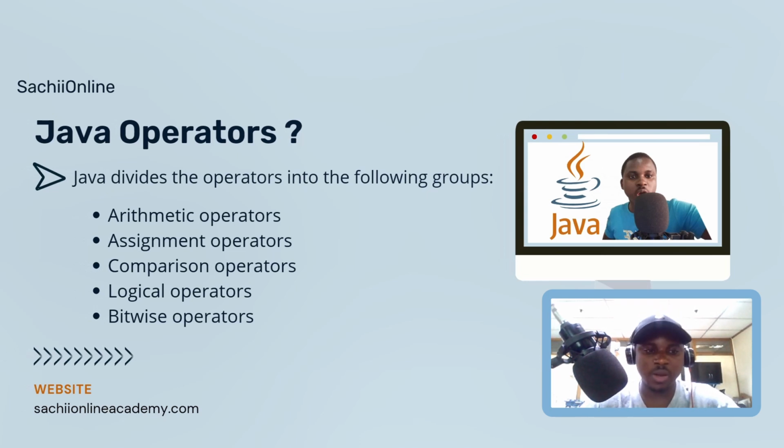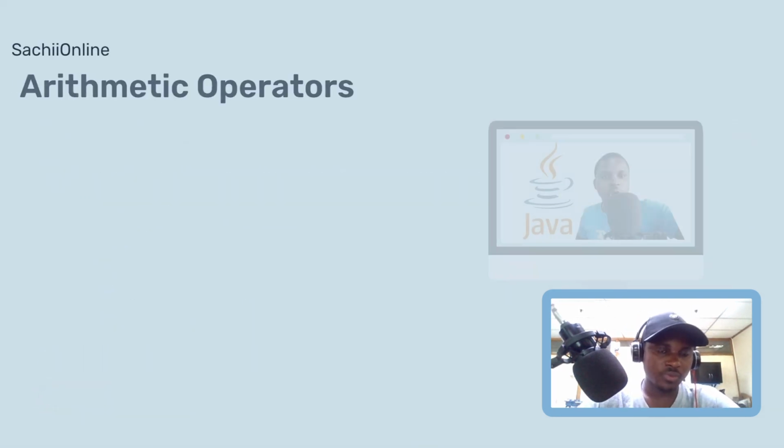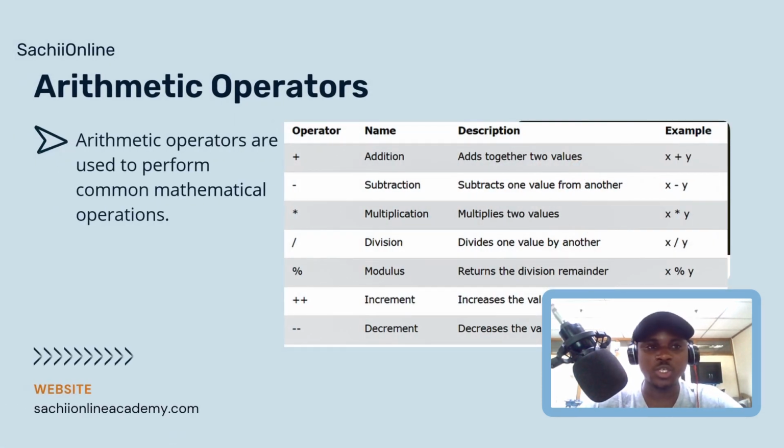Maybe the bitwise operators as a bonus. So let's look at the arithmetic operators. Before we dive into this team, I have the compiler ready for you so that we do the explanation as well as the application of it, so you get a chance to see me actually demonstrating how you can use them in your applications.